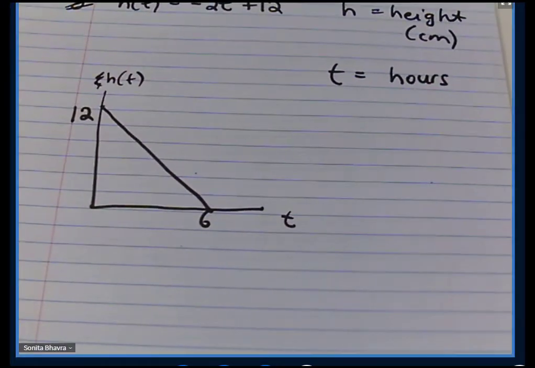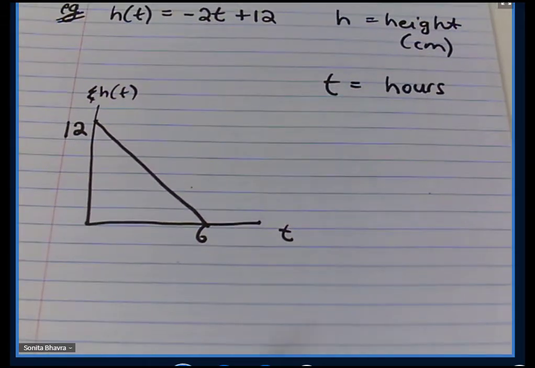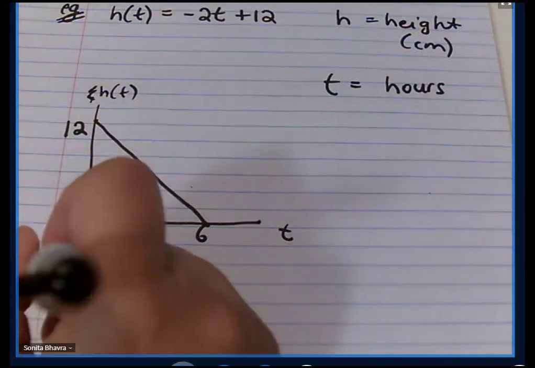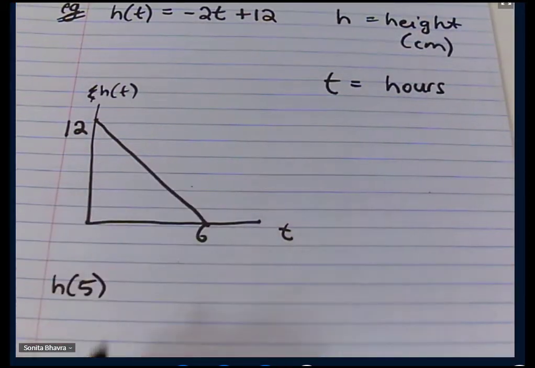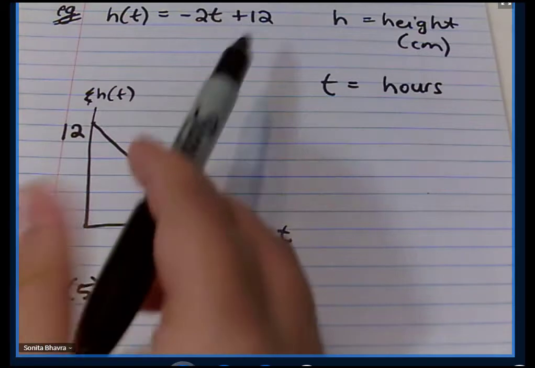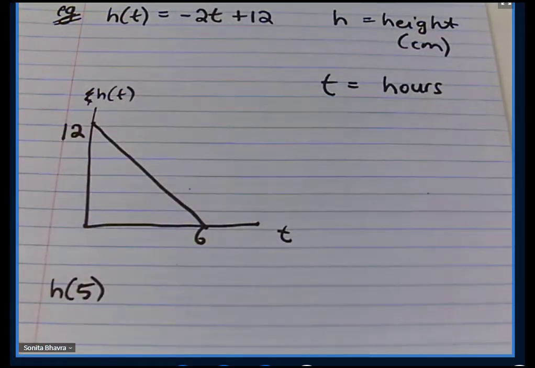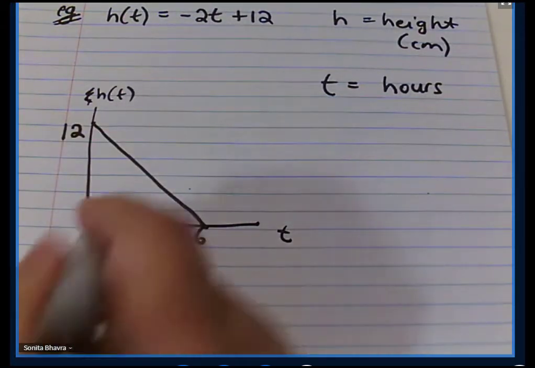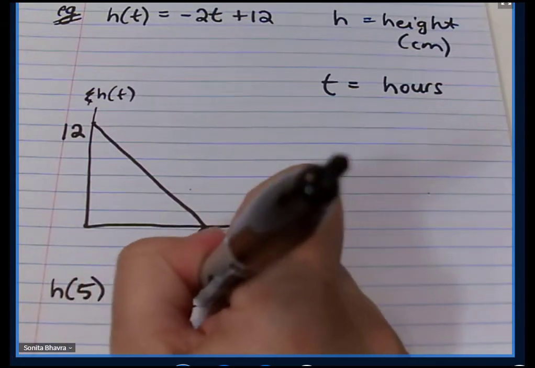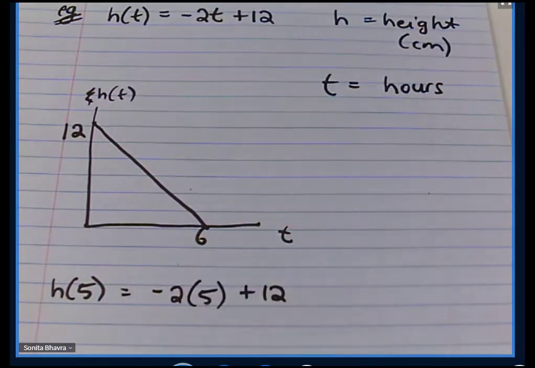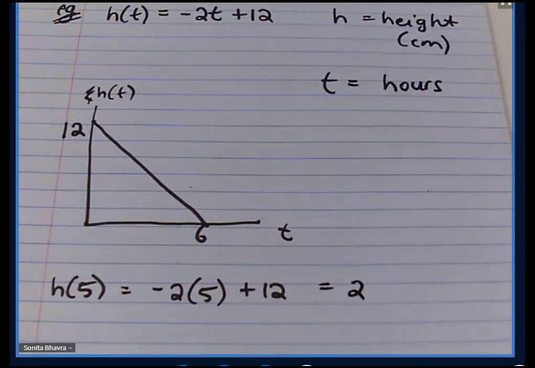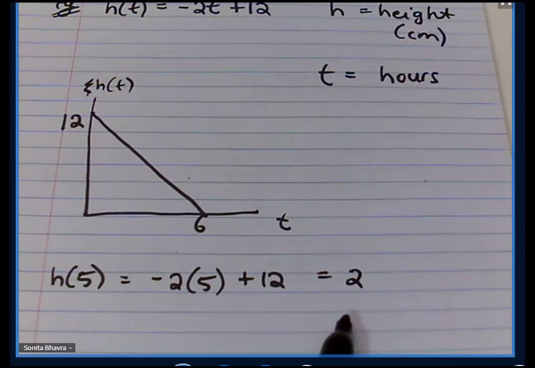All right, so our first question for this function is, what is the value of h of 5? All right, so h of 5, using our formula here, we just have to substitute that in. So h of 5 becomes negative 2 times 5 plus 12. All right, so negative 10 plus 12, this gives me an answer of 2. All right, so h of 5 is equal to 2, but what does that actually mean?